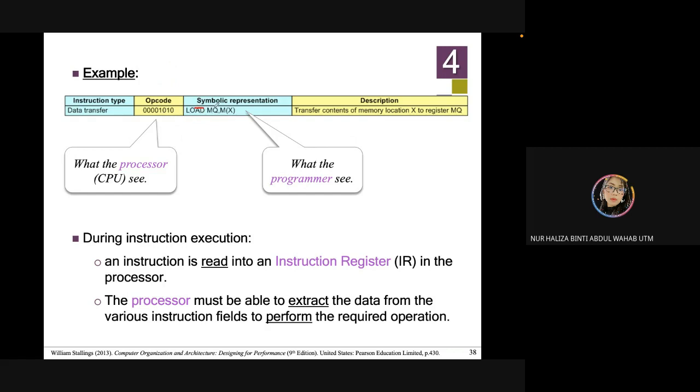In terms of symbol and representation, this is what we can see. This is an example of how you differentiate between instruction types, such as data transfer, because we use the load. Then the opcode in terms of machine understanding, the symbol representation, and the description: transfer the content of MX to your register MQ.